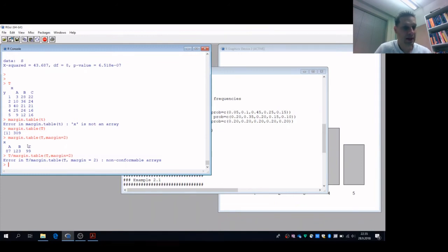So the conditional relative frequencies are calculated just so that we calculate the margin, that is the total sample size in that subpopulation, and then the frequencies of different categories are divided by this total sample size in that subpopulation.